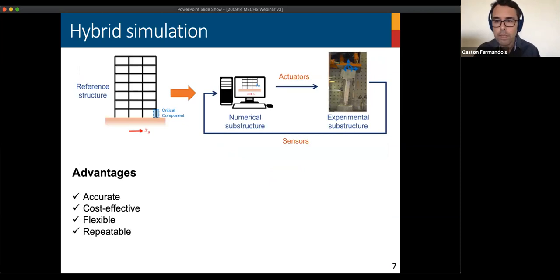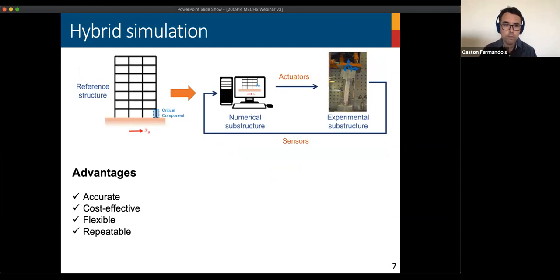So hybrid simulation, in brief words, is a substructuring technique that divides two different domains of the problem that you want to solve, and you connect both domains using actuators and sensors, using technology that is available in your laboratory.